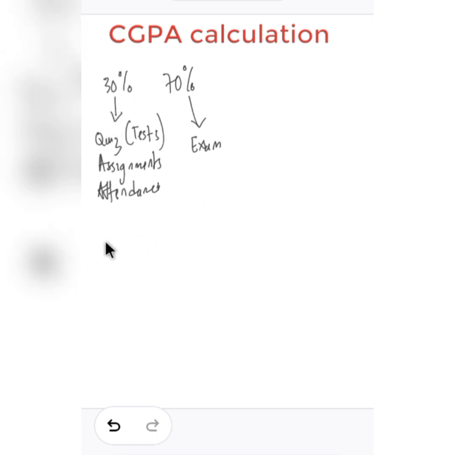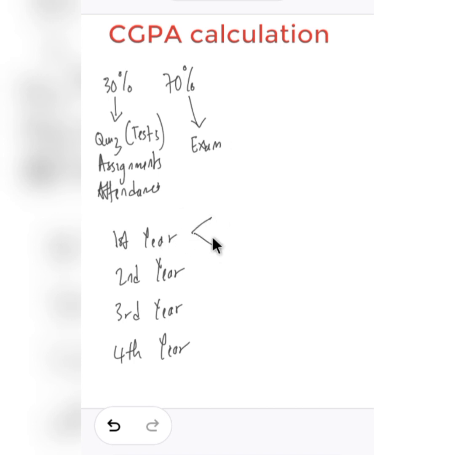So in the university system, let's say you're studying a 4-year course. You have the first year, the second year, the third year, and the fourth year. It's a 4-year course instead of the normal first term, second term, and third term. That's not how things are done.